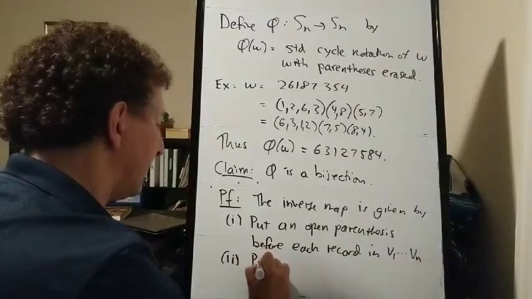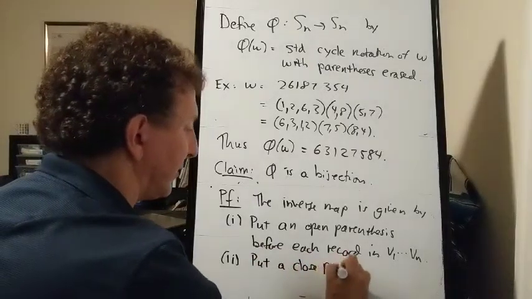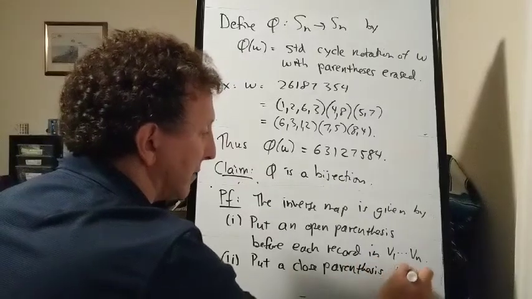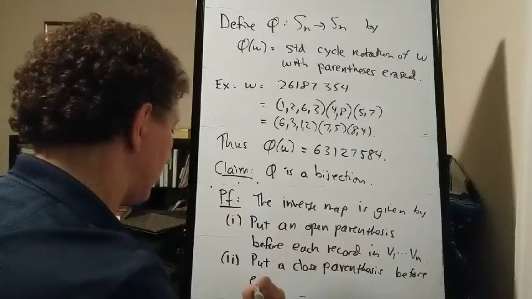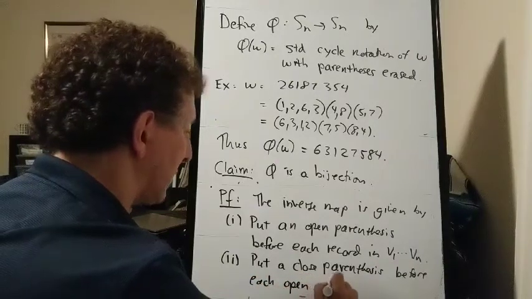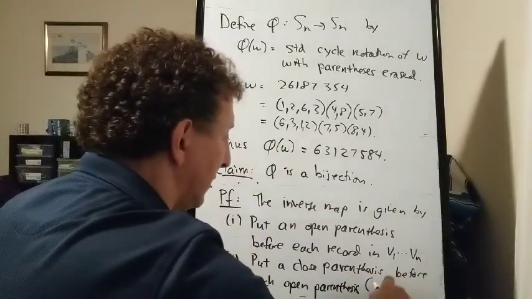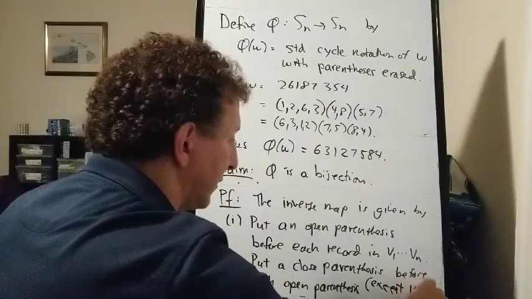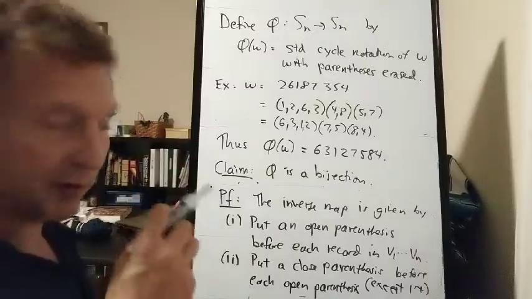And then put a close parenthesis before each open parenthesis, except for the first. And then we put one more closed parenthesis at the end.